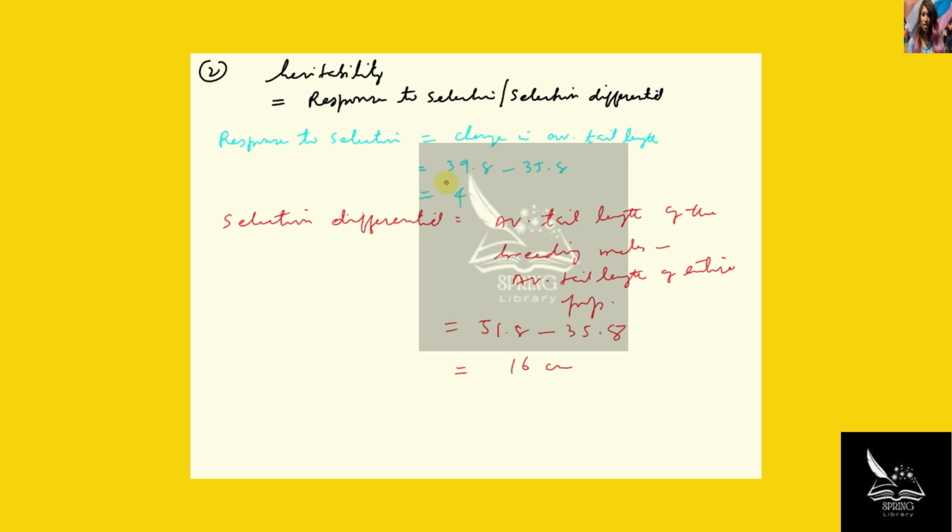So we can use this response to selection value 4 and the selection differential 16, which makes the heritability equal to 4 upon 16, which is 0.25. So the heritability of tail length in long-tailed widow birds is 0.25.